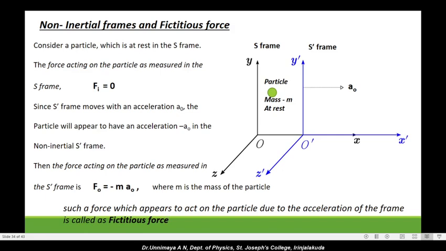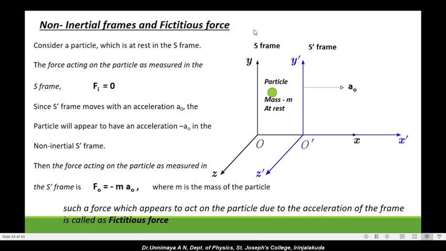Next we are going to discuss the concept of fictitious force. We have already mentioned the concept of non-inertial frame. A non-inertial frame is a frame in which Newton's laws are not valid, and they are accelerated frames. So consider a non-inertial frame S prime.